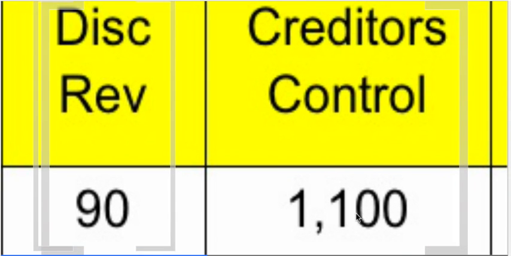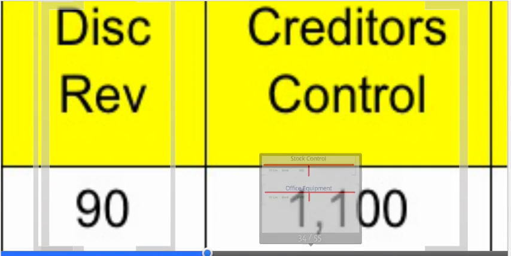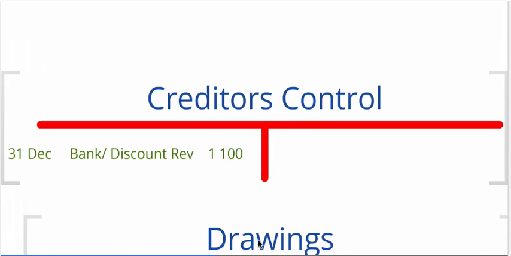So this $1,100 here is made up of the $90 that we don't have to pay because we've paid promptly, and $1,010 that we have actually paid to the creditors. So therefore we do a slash entry. Bank, $1,010 plus the $90 discount revenue means we're settling $1,100 worth of debt. It's important that we get that $90 in there, because otherwise it'll appear as if we still owe that money.